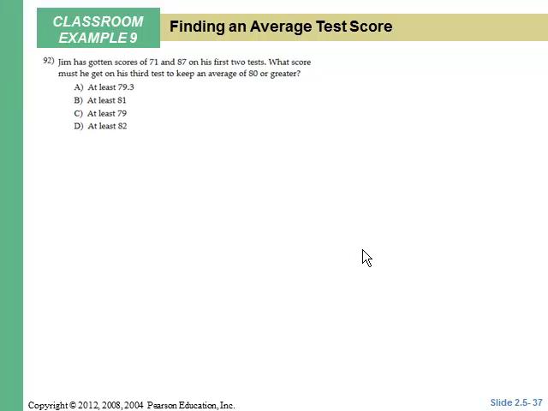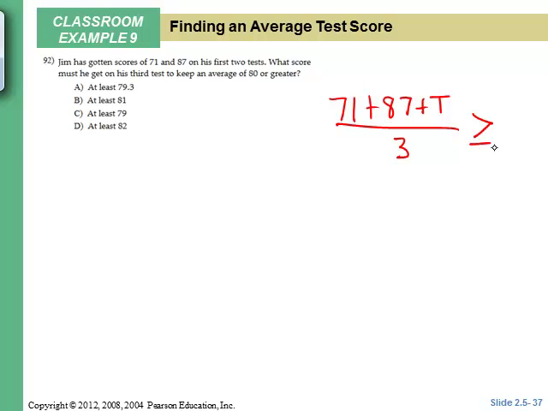Jim has gotten scores of 71 and 87 on his first two tests. What score must he get on his third test to keep an average of 80 or greater? Okay, I'll let you do it. So we have 71 plus 87 plus the third test divided by 3 is greater than or equal to 80.